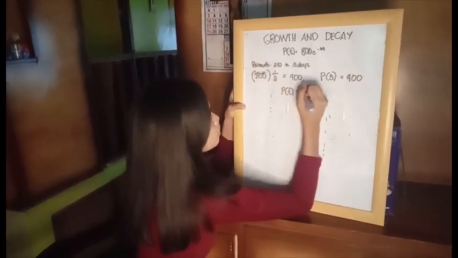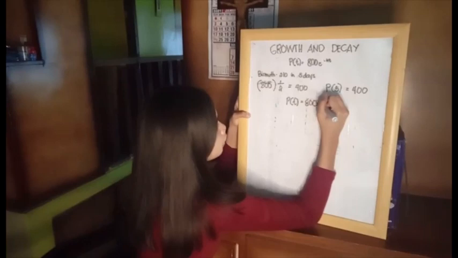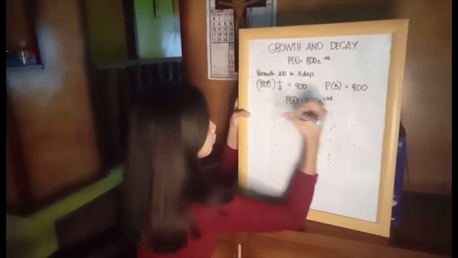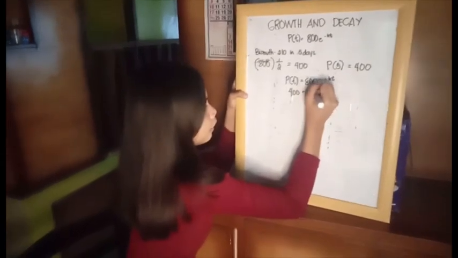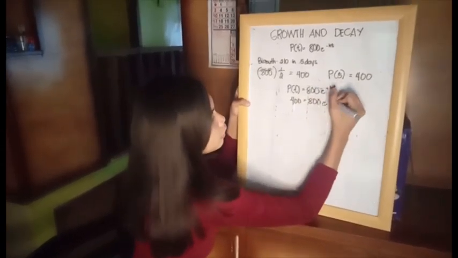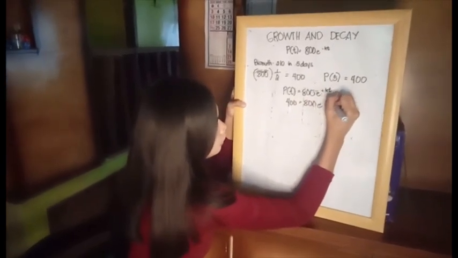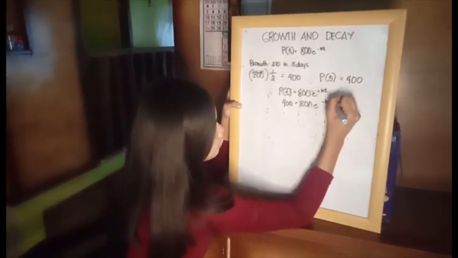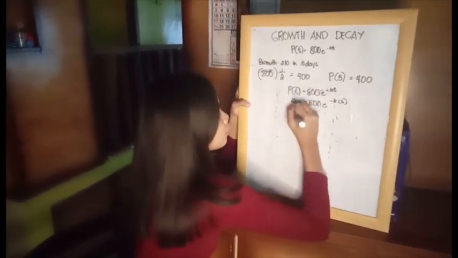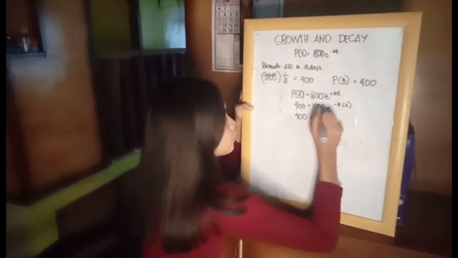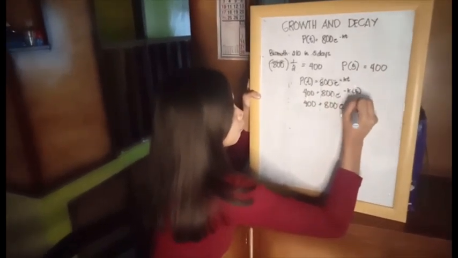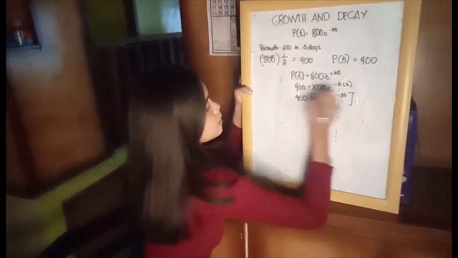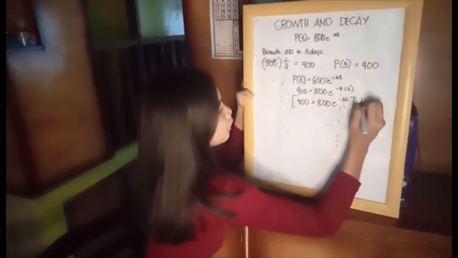P(t) is equal to 800 e^(-kt). 400 is equal to 800 e raised to negative k times 5. 400 equals 800 e^(-5k). So divide both sides by 800.